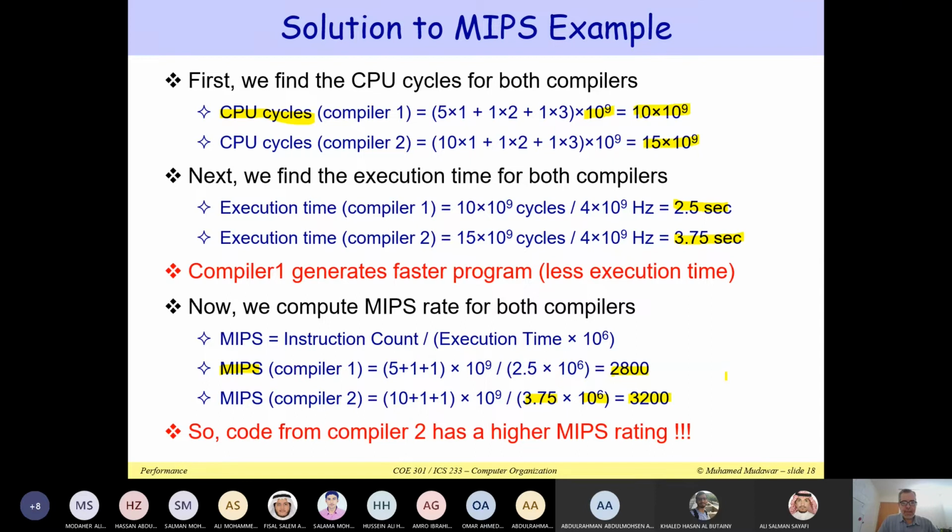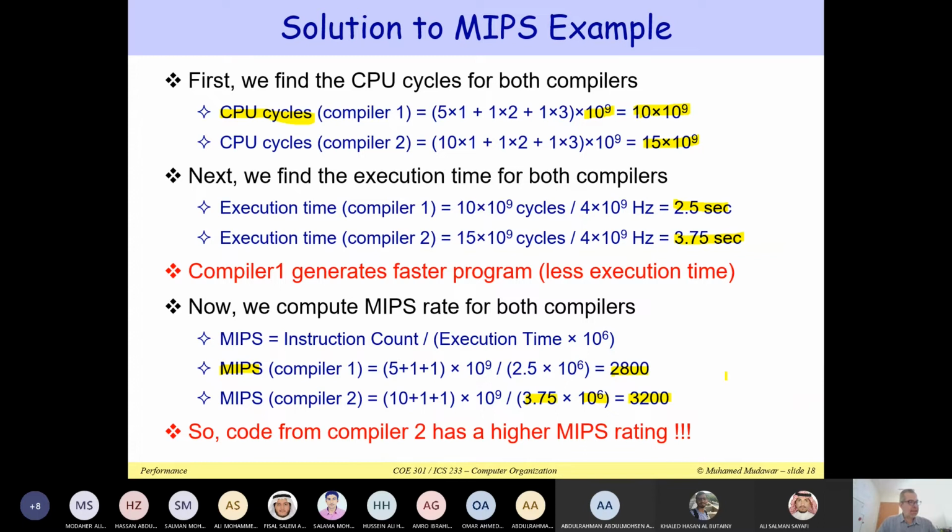And the reason is that it is generating 10 billion class A instructions that take only one cycle each. So really the CPI of the program from compiler 2 is less than the CPI of the one from compiler 1.